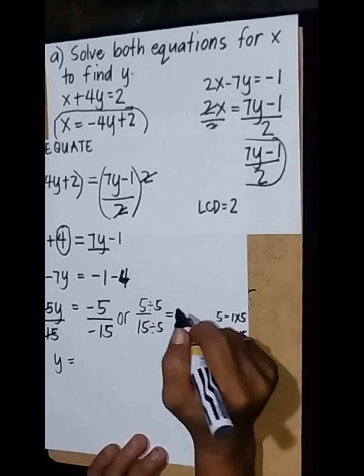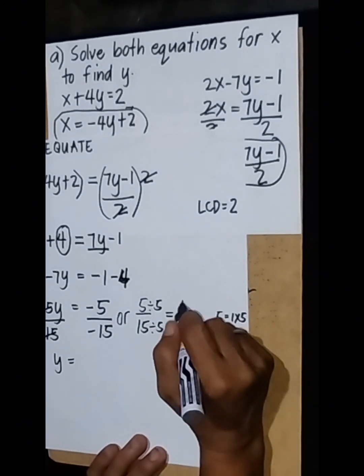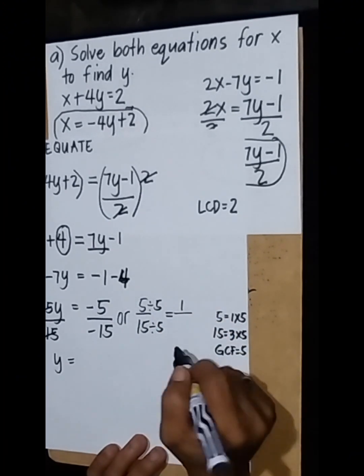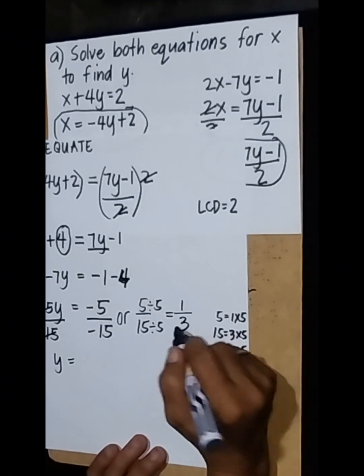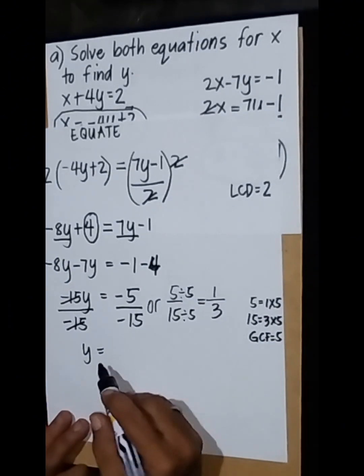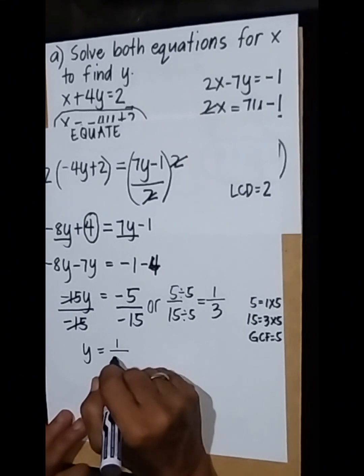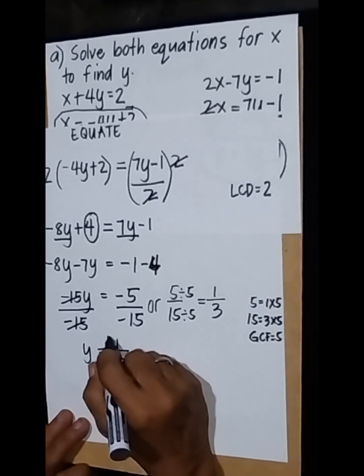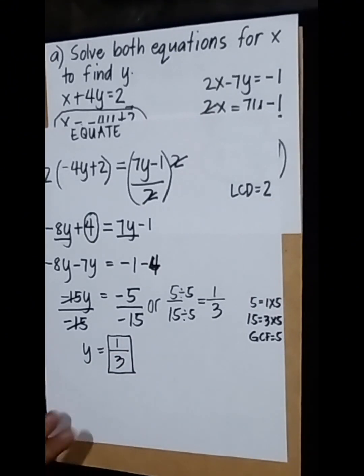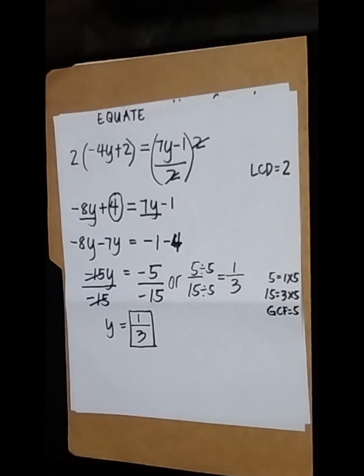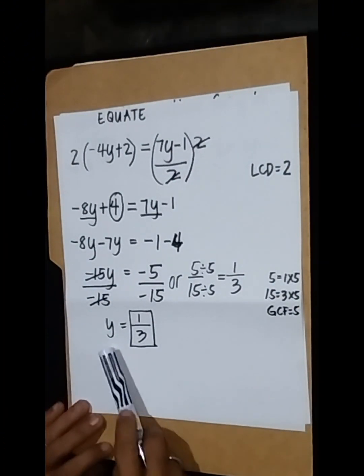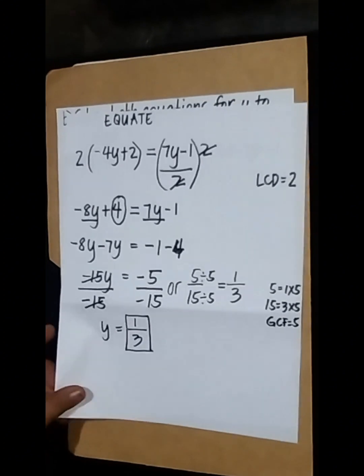So, 5 divided by 5 is equal to 1. 15 divided by 5 is equal to 3. So, y now is equal to 1/3. So, the value of y is equal to 1/3.